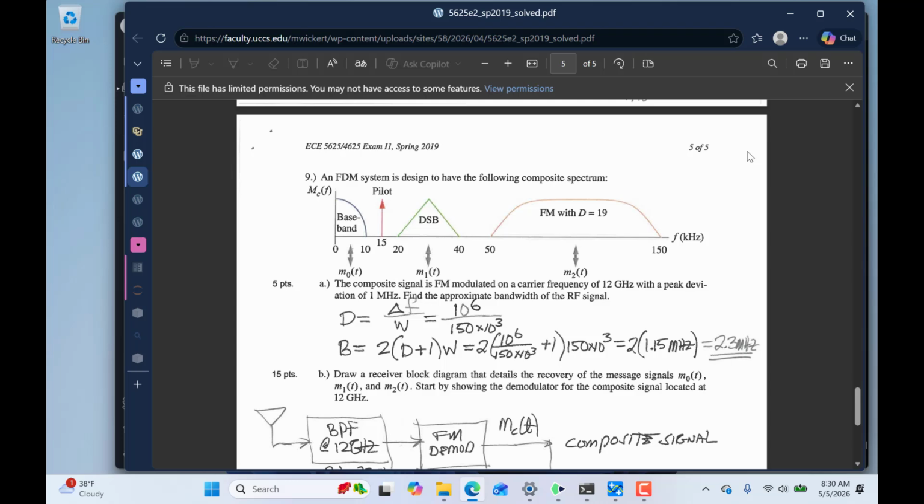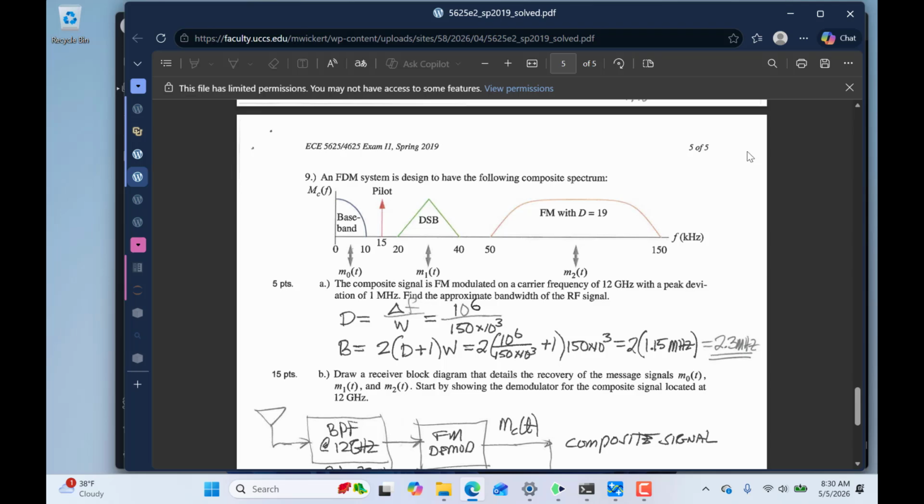So what's the bandwidth required of that signal? So this gets back into Carson's rule, right? Remember where we would take the bandwidth of the signal. In this case, we'd say, what's the composite bandwidth? It's about 150 kilohertz, right? To take all those signals in the baseband together. And then the peak deviation is 1 megahertz.